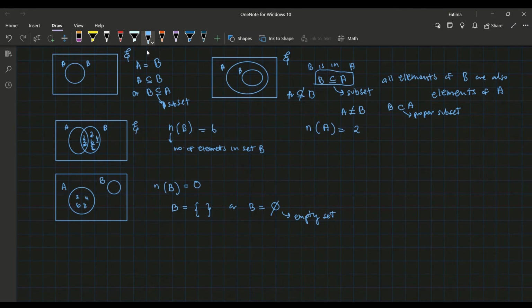In this top diagram over here, if we were asked to write the elements of B, it would be 1, 3, 2, 4, 6, 8. And these would be a total of 6 elements, as we covered in this portion over here.